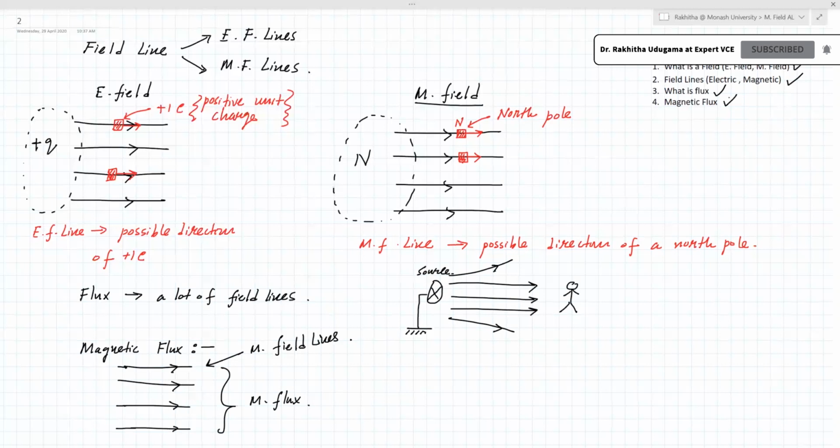In the next couple of videos, I'm going to extend this knowledge, and then I'm going to teach you what is magnetic field strength or magnetic field, and then I'm going to compare that with electric field strength or electric field intensity, and then I'm going to define the equations, and then I'm hoping to go from there.